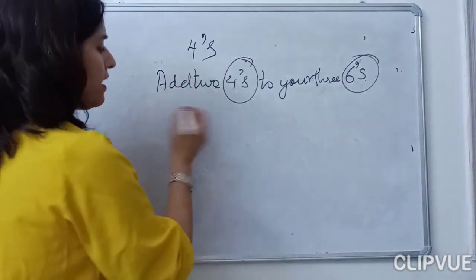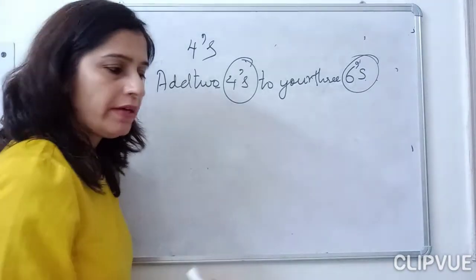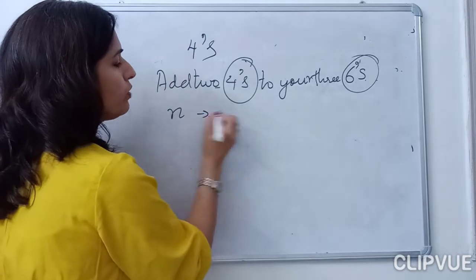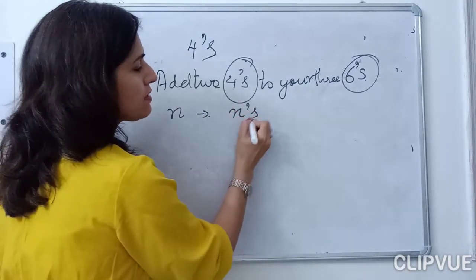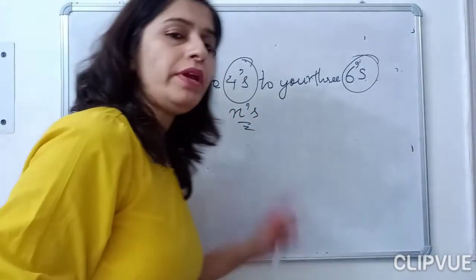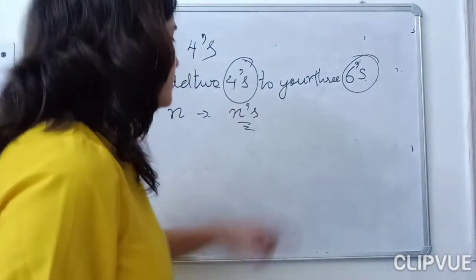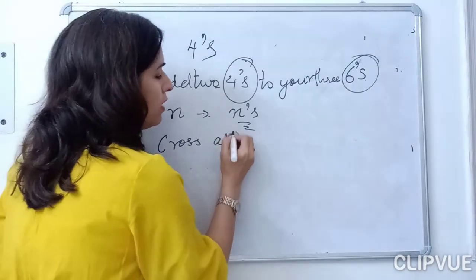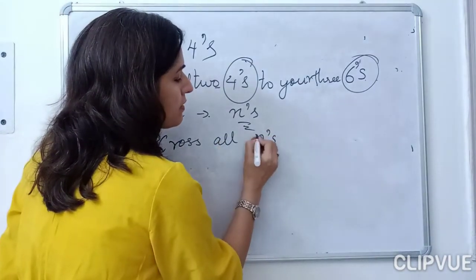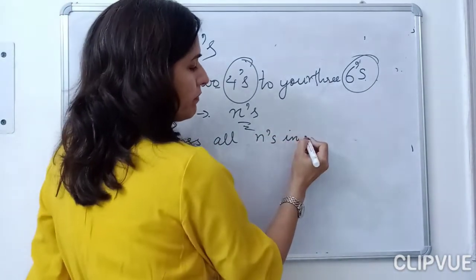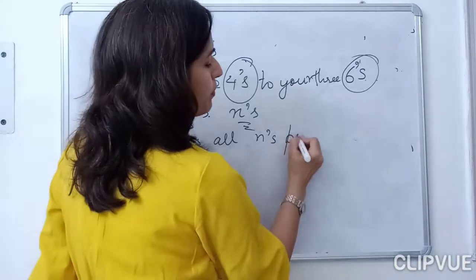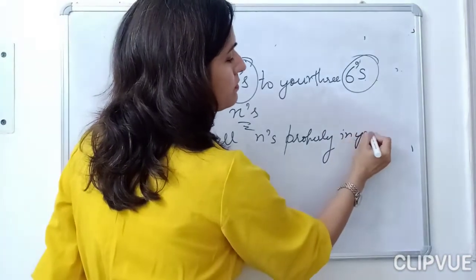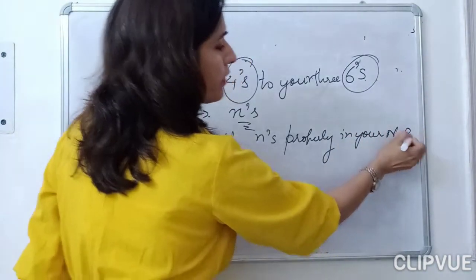Same, children, alphabets. Let's take an alphabet N. How will I make it plural? By again the same process, by adding apostrophe s, N's. Suppose I say a sentence: cross all N's properly in your notebook.